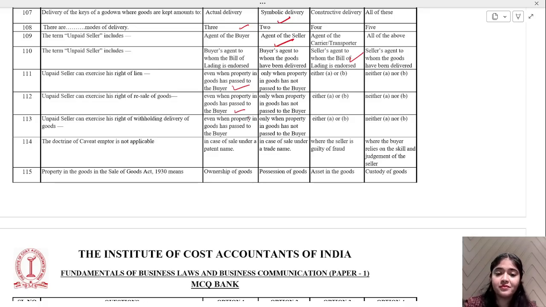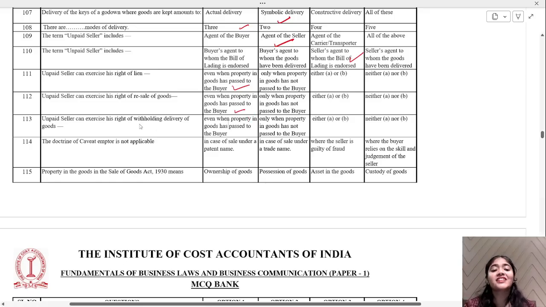Okay. Next, unpaid seller can exercise his right of withholding the delivery even when property in goods has passed to buyer, or only when the property has not passed to the buyer. Withholding, when can you do it? Again, even when the property in goods has passed to the buyer, possession has been passed, but you can hold it at the doorstep.